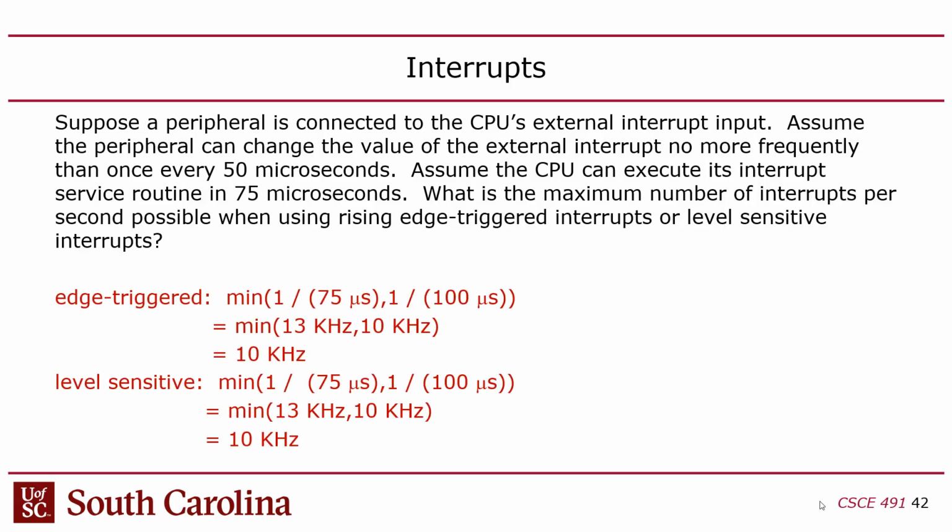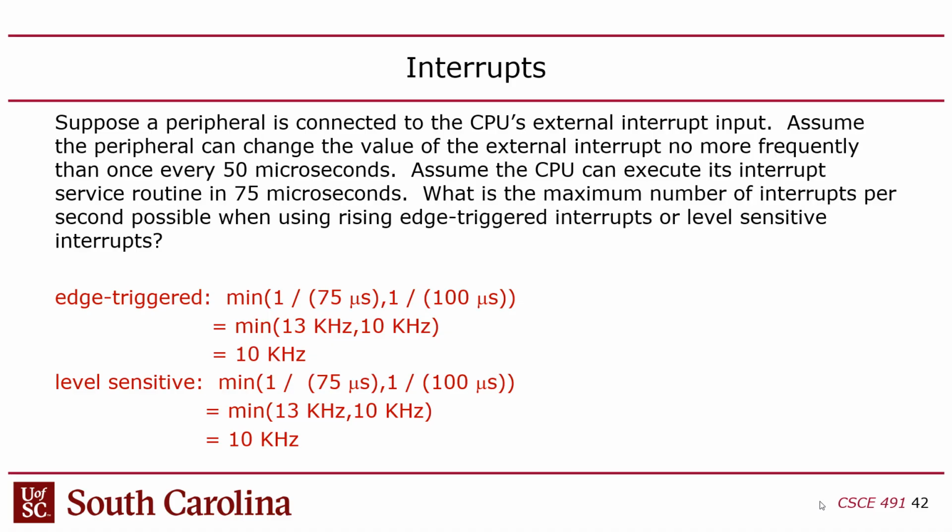Okay, so as I mentioned, with edge triggered, my maximum rate is determined by the time executing the ISR, which was 75 microseconds. So this is how long it takes to execute the ISR. If I take the reciprocal of that, that's the rate at which I can execute ISRs, right?